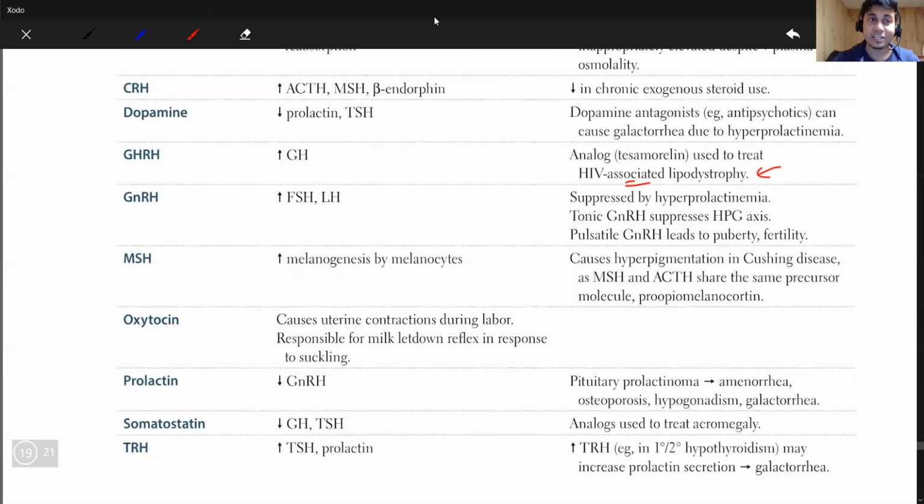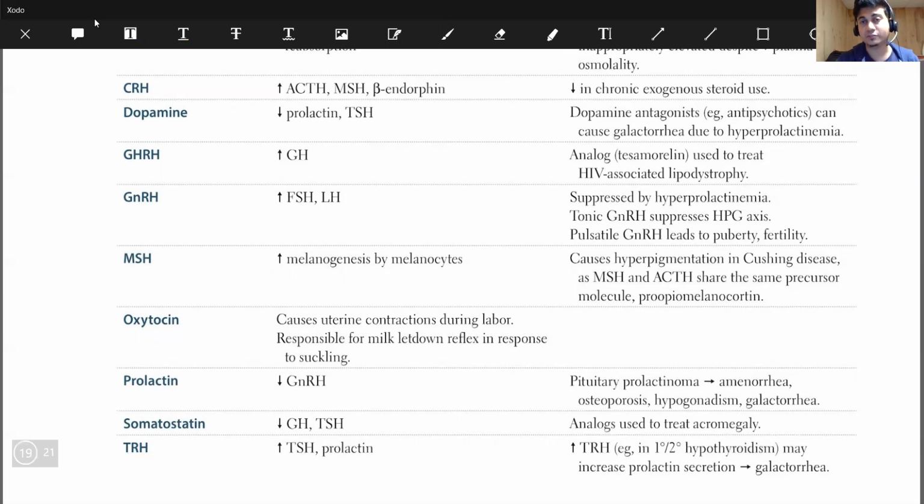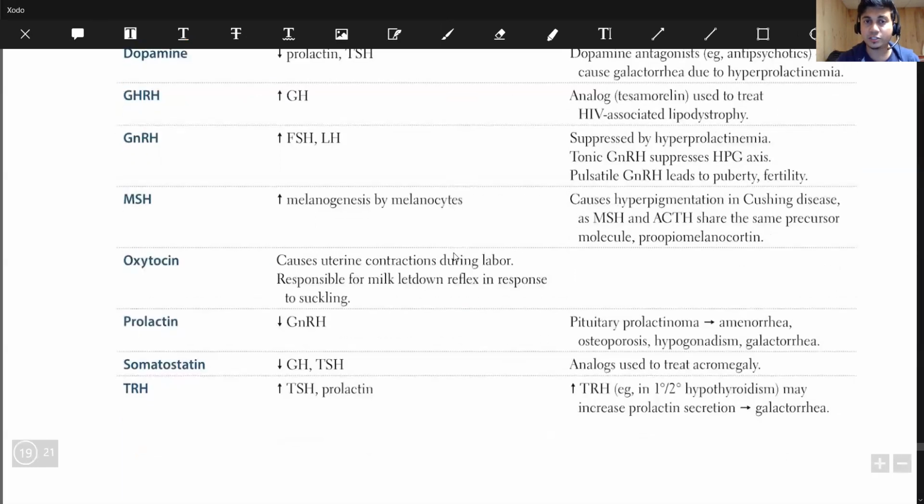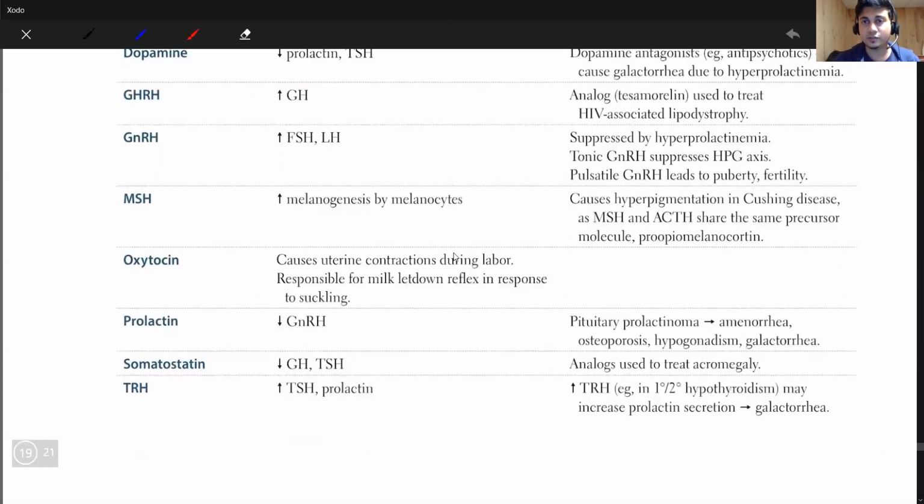That means in HIV patients, there's cachexia, loss of protein, loss of lipid, loss of adipose cells from the body. Now you can use this tesamorelin to induce the production of new growth that might correct that bodily loss.